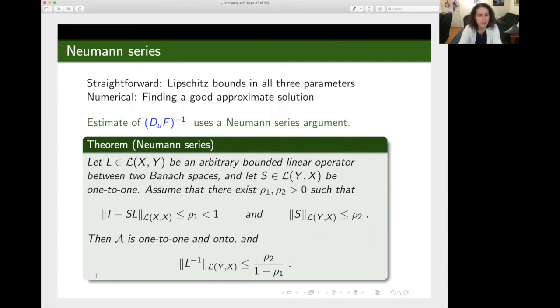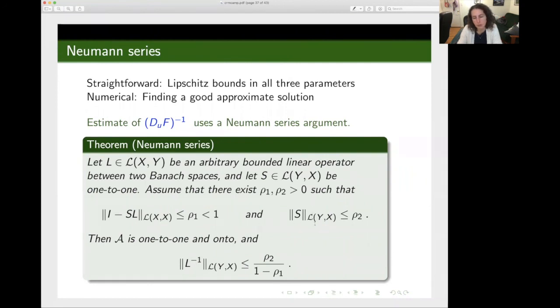So just writing down the Neumann series theorem, basically what this says is if you have a linearization L, and a good approximate inverse S, by which I mean that the norm of I minus SL is less than rho 1, which is less than 1. Okay, so the smaller rho 1 is, the better this theorem is.